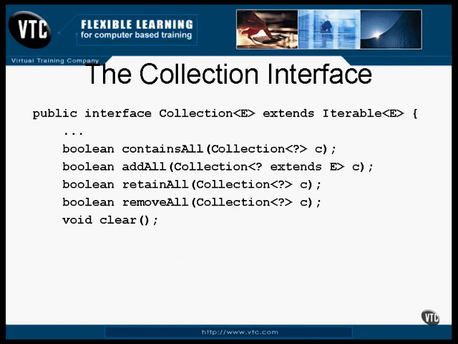Finally, there is a group of methods that operate on the entire collection. containsAll compares the contents of the two collections. addAll copies the contents of one collection to another. retainAll results in the collection containing only the elements found in both collections. removeAll removes the collection elements that are in the specified collection. clear removes all elements.